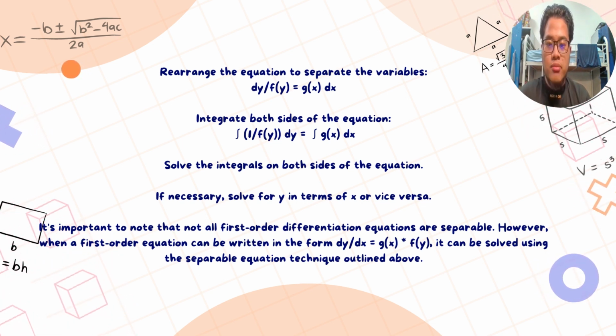Lepas tu, integrate both sides of the equation. Integrate 1 per f(y) dy equal to integrate g(x) dx. Lepas tu kita kena solve the integrals on both sides of the equation. If necessary, solve for y in terms of x or vice versa.